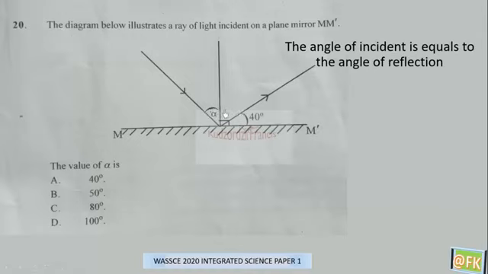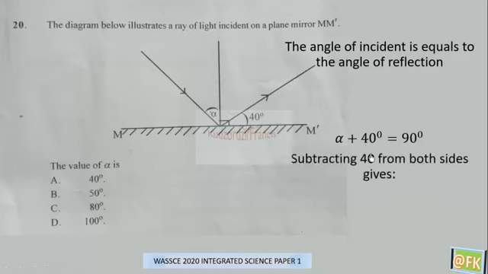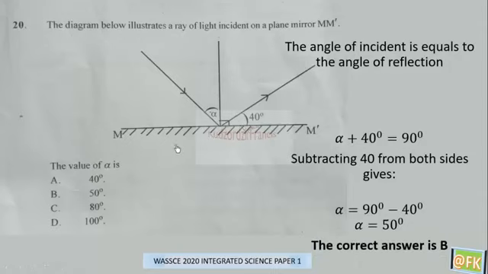And this angle plus this angle gives us 90 degrees. So to get this angle, we subtract 40 from 90. So alpha here is 50 degrees. So the correct answer is B.